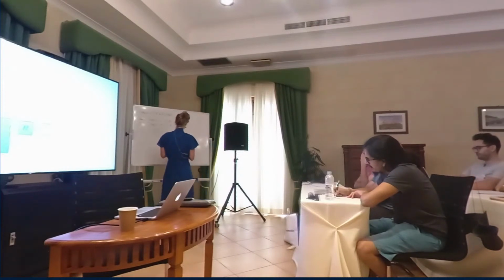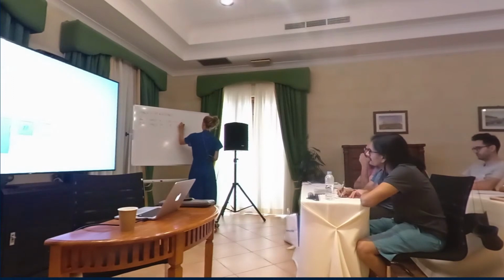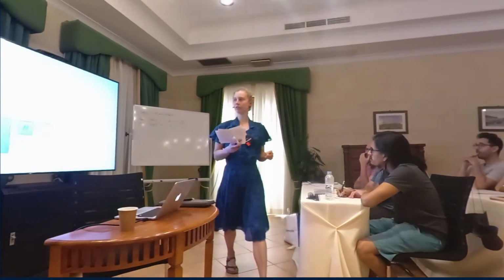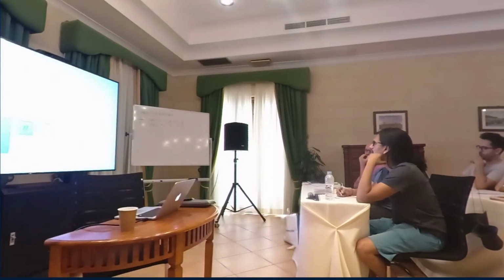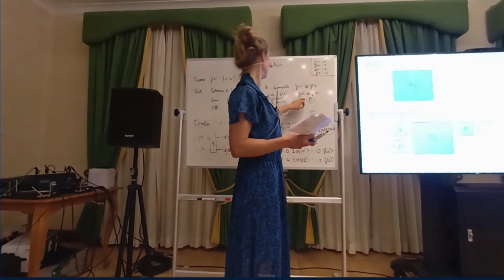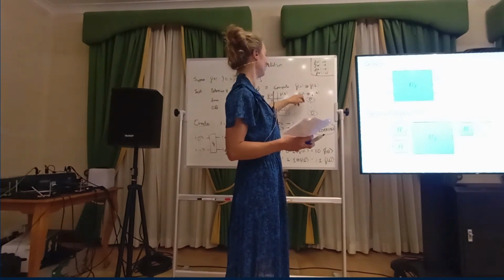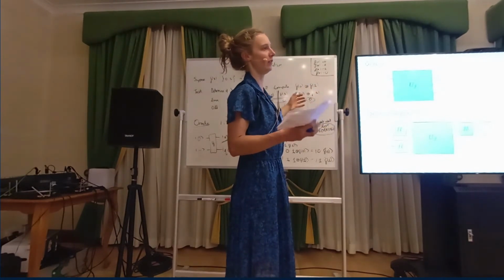One thing that is nice to note is that you can write this, going back right to the start: remember that f of 0 plus f of 1 is 0 if it's an even function, and f of 0 plus f of 1 is equal to 1 if it's an odd function.